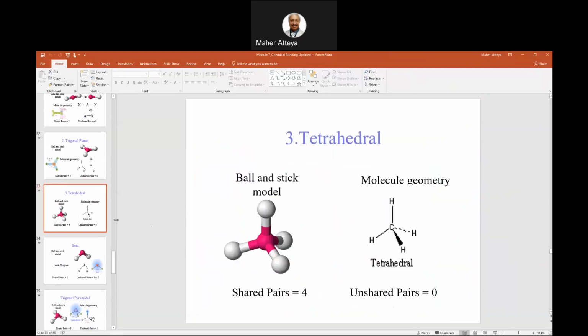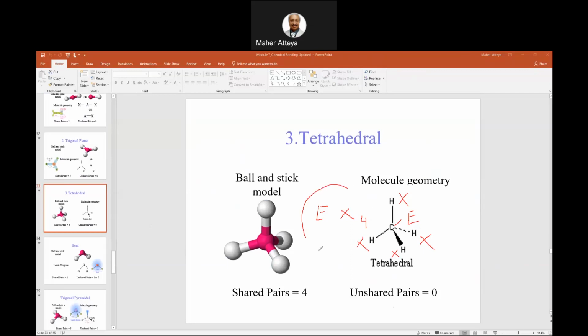So this is tetrahedral. Why? Again, we have to look at the code. This is my E. This is my X. This is another X. This is my X. This is my X. No lone pair. So this is EX4.